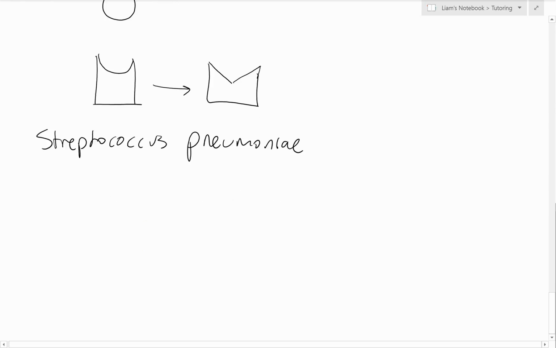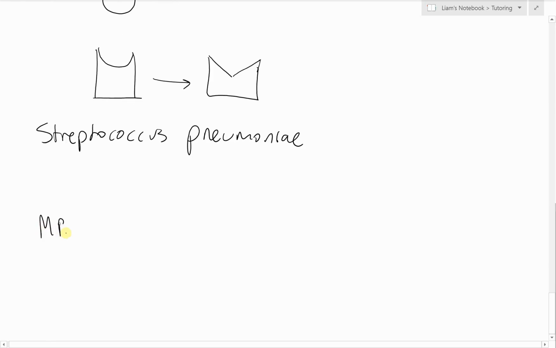The second one, which I mentioned before, is Methicillin-Resistant Staphylococcus aureus. So Staph aureus is very, very common in the population. Most people are colonized with it either on the skin or in the nose.